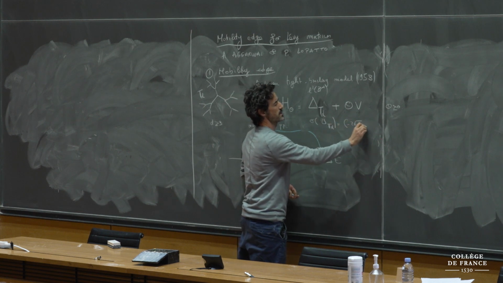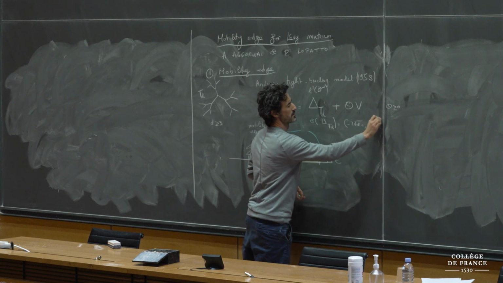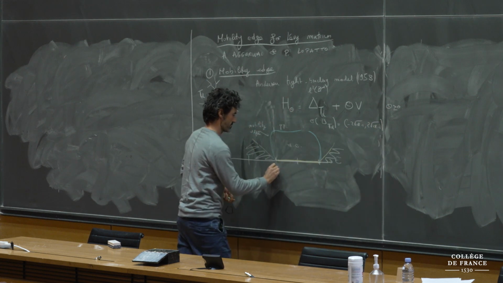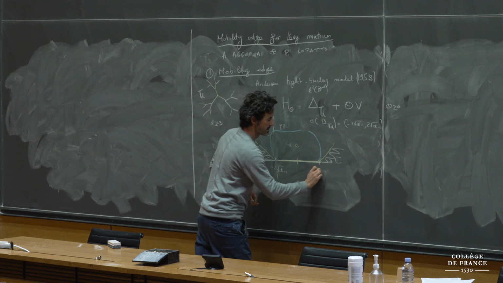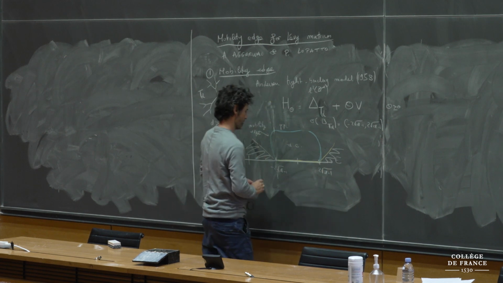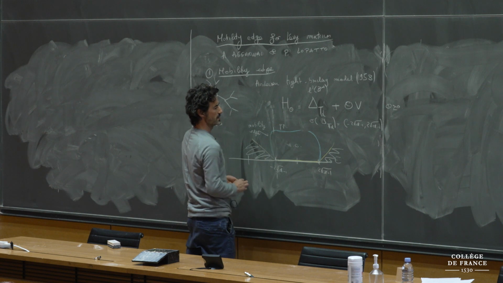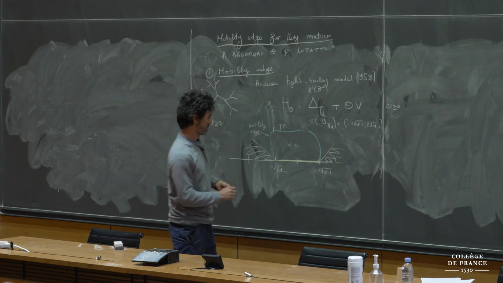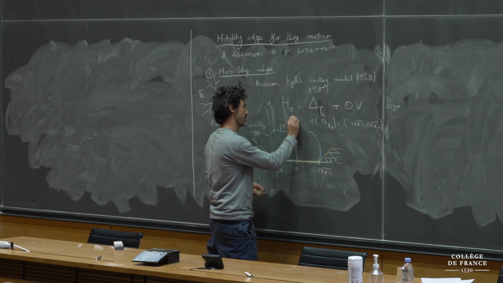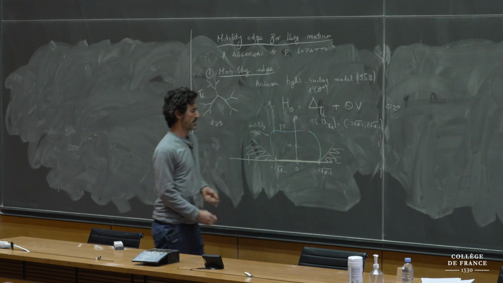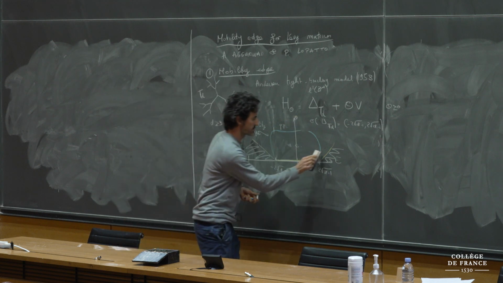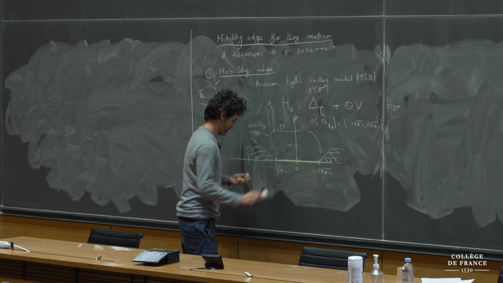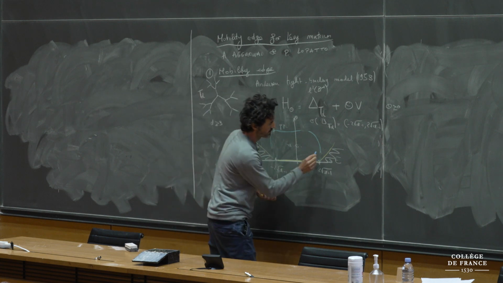Its spectrum will be this interval. Here I put -2 square root of d minus 1, here I put d, and here you have 0.